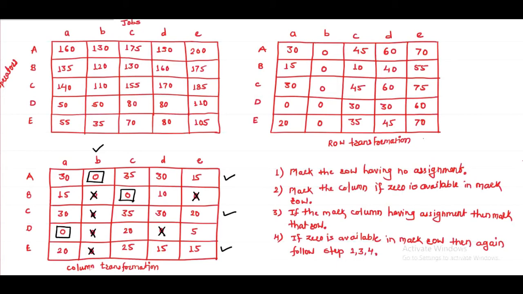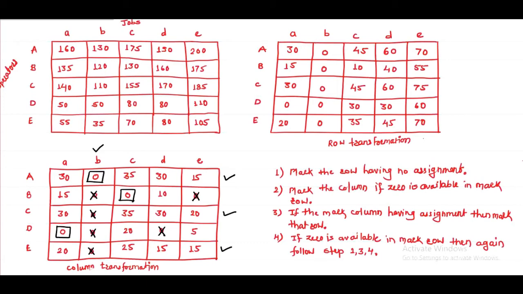As the first row is already a marked row, then by using this, that is the second step. What is the second step? Mark the column if 0 is available in the marked row. Now by using the third step, the first row is already marked, so we have to use this second step again, that is if 0 is available in the marked row.